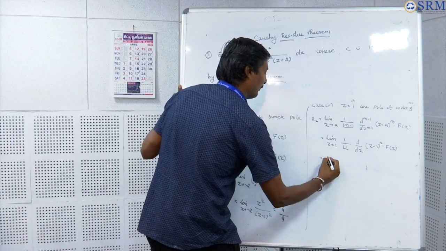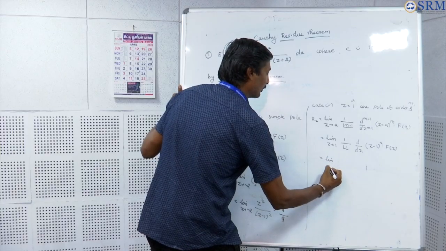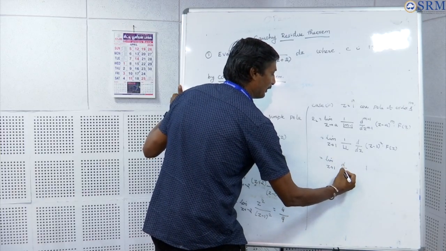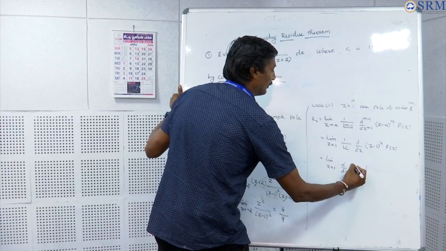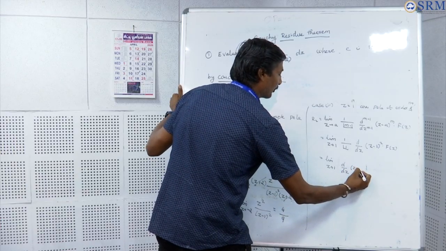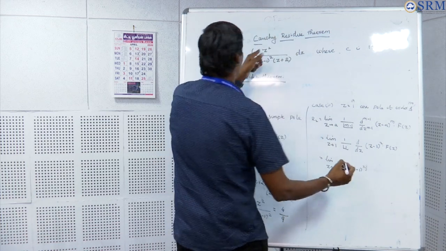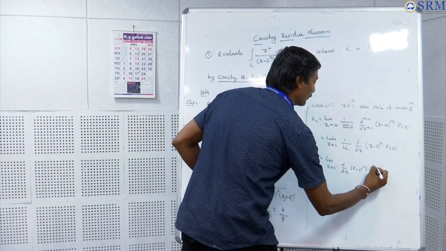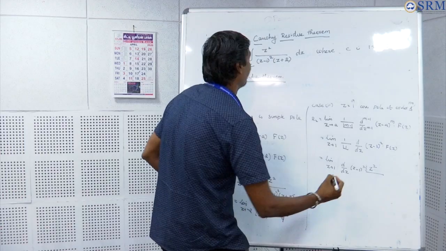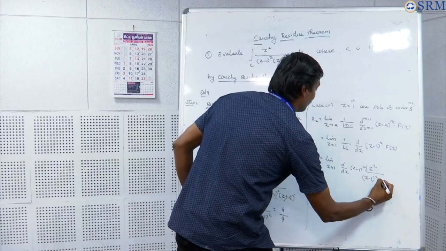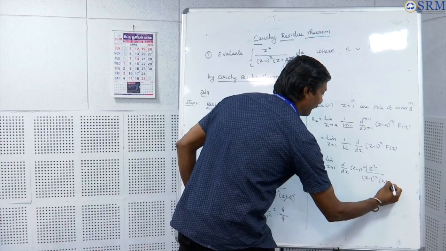Okay, the next step: limit z tends to 1, 1 by 1 factorial, d by dz of z minus 1 whole square into f of z. What is f of z? Inside the integral formula, z square upon z minus 1 whole square into z plus 2.